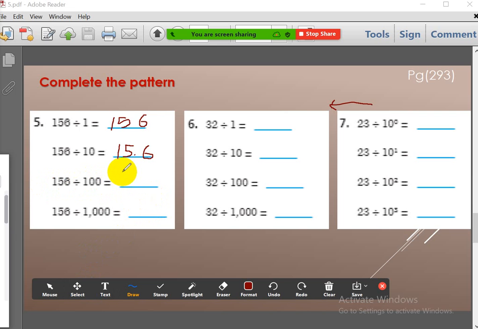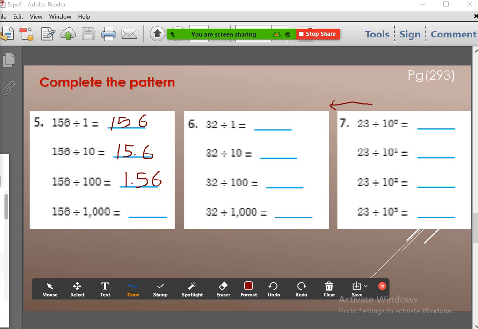Okay, I want you to think about it again, please. Look, I have here 2 zeros in the 100, so I have to move the decimal point only 2 digits. The decimal point here, so it will be where? 1.56. Very good, Dana. Thank you so much. So the decimal point will be between 5 and 1. So the number will be 1.56.